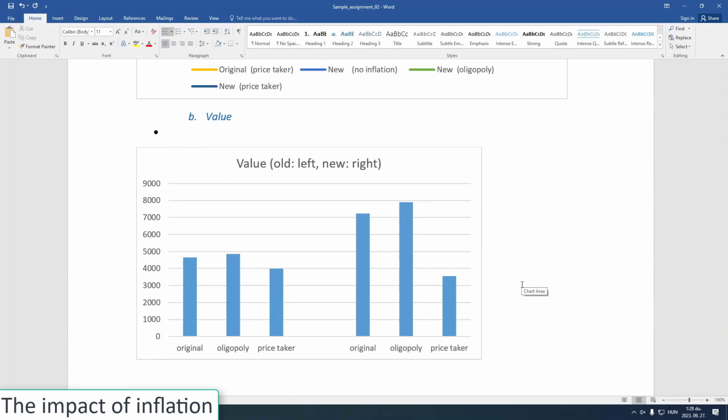Value was also higher only in the oligopolistic case.